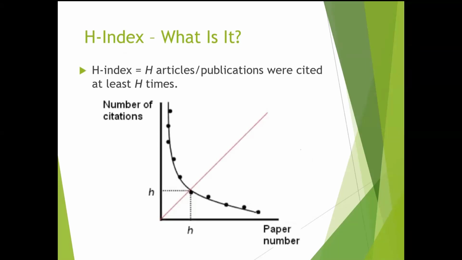So simply put, the H-index is based on the distribution of citations received by a given researcher's publications. A scholar with an index of H has published H papers, each of which have been cited in other papers at least H times. So to repeat, the H-index reflects both the number of publications and number of citations per publication.